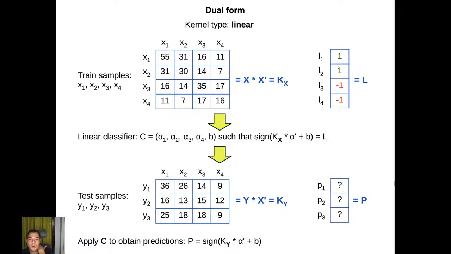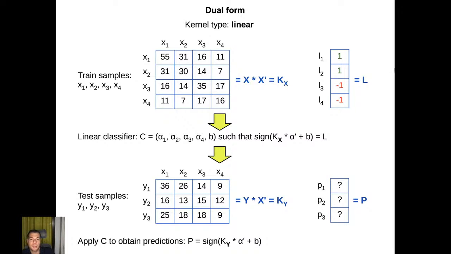And when you do the optimization, you can use either the primal form or the dual form for a kernel method. The main idea is that when you use this dual representation, in some cases it can be more efficient.